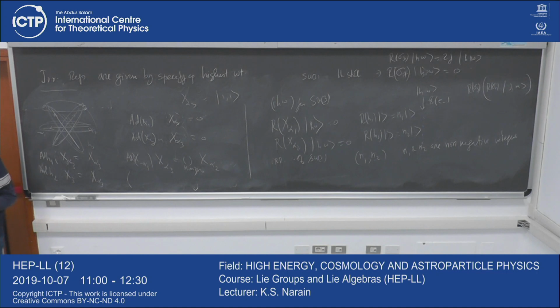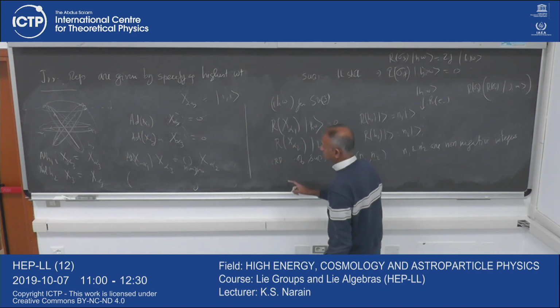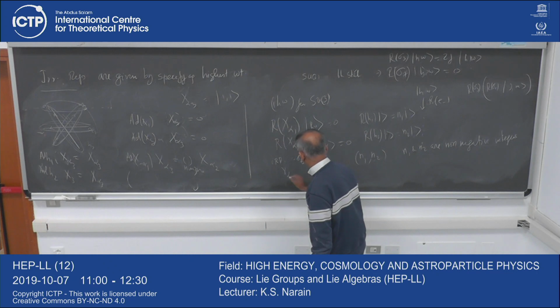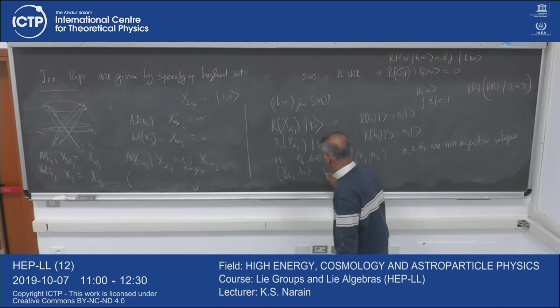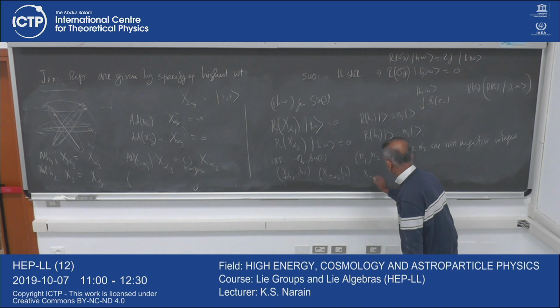X plus minus alpha 1 with H1 formed one SU2. X plus minus alpha 2 with H2 formed another. And the third one was X plus minus alpha 3, and I think it's just H1 plus H2.